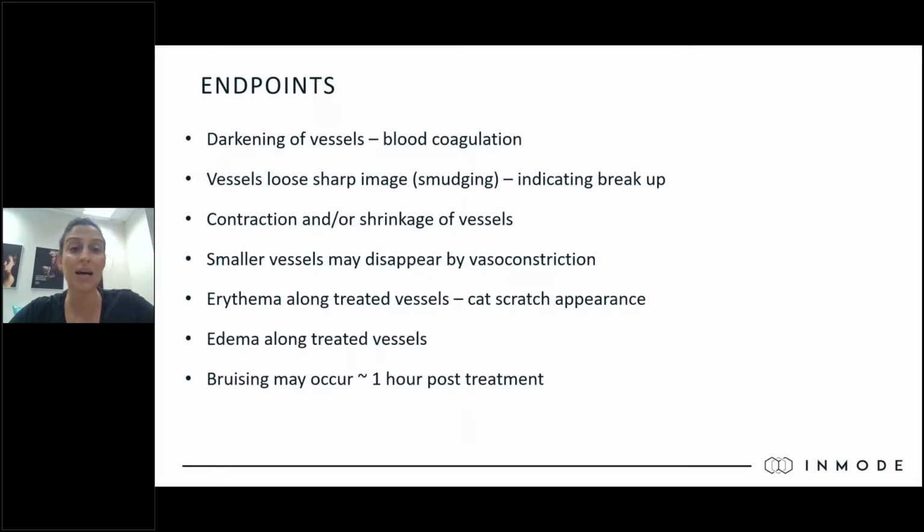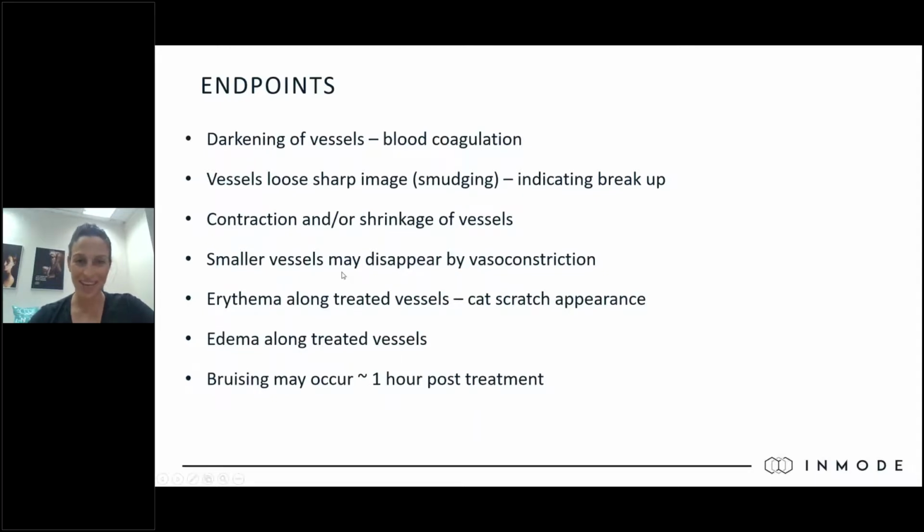A vessel that may lose its sharp endings, so it kind of looks smudged all over, indicates a breakup of the vessel wall, and this is a good response as well. Either contraction or a shrinkage of the vessel is acceptable. We might want to stack another pulse there if possible, if there's not an excessive skin reaction at this point already.